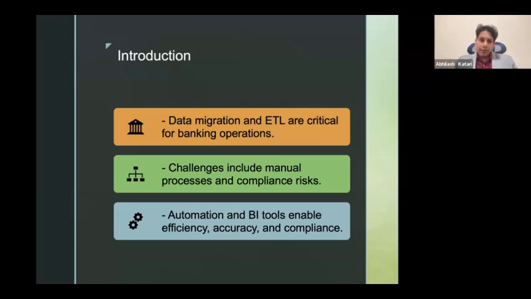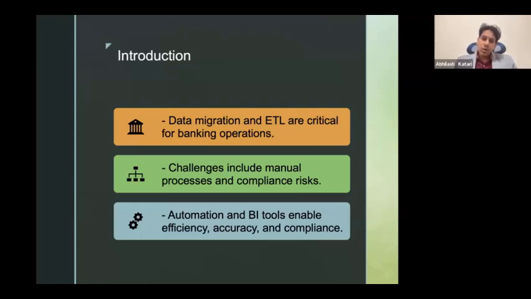And apart from data migration, we do have challenges when we migrate from one process to another process. There will be some manual processes that we currently do in one application, right? When we go through these manual processes, we also have to make sure that the same manual process cannot continue in the new system.